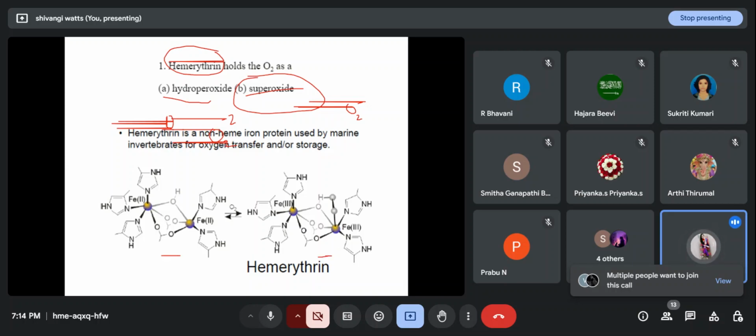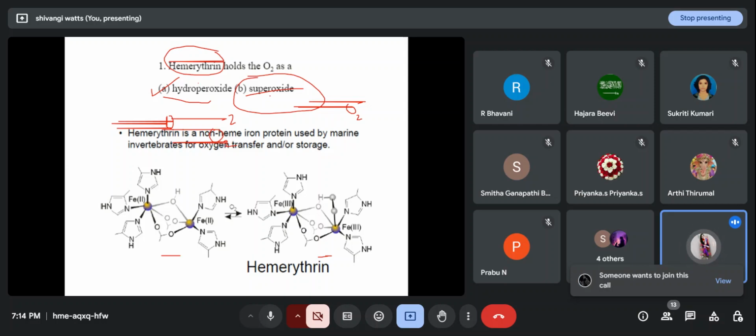If you see, the oxygen will bind to the iron, and here HOO negative. So it is basically a hydroperoxide. So hemerythrin holds the oxygen as hydroperoxide, not as superoxide.